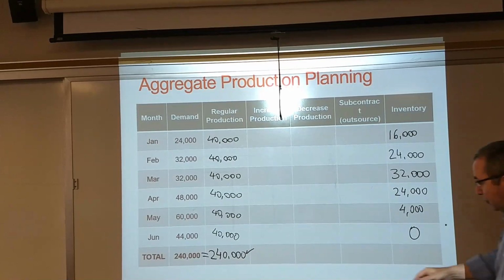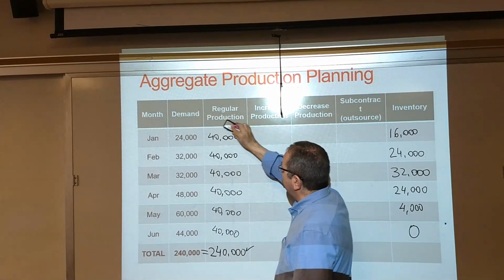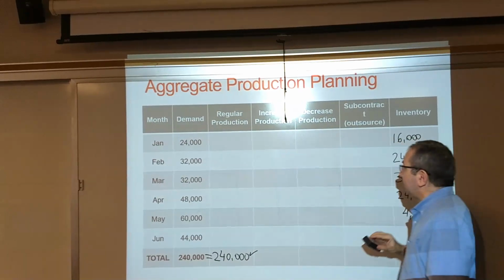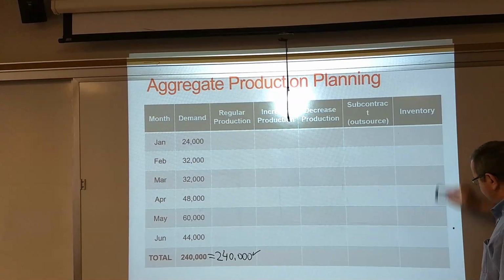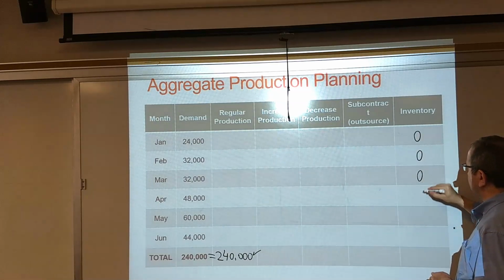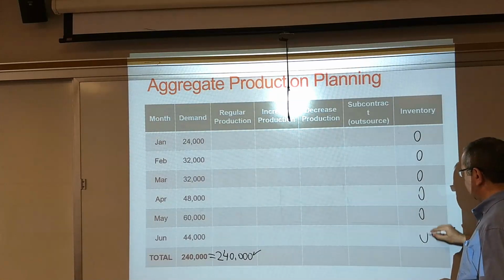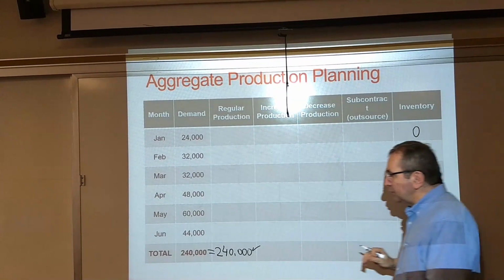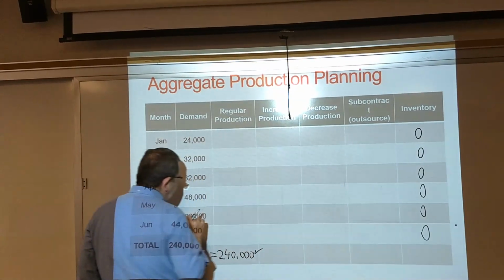So what do you do? Can there be a different production plan where you have 0 inventories, 0, 0, 0, 0, 0, 0? Well, this is called chase strategy.